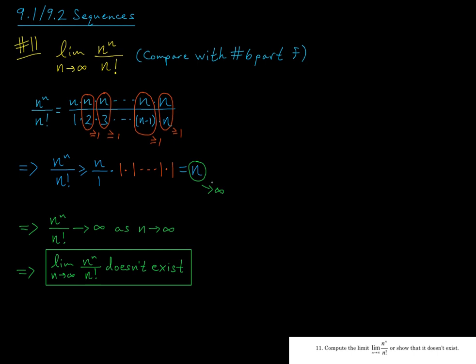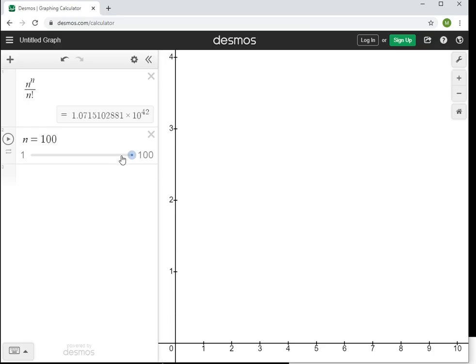And so if we're greater than something blowing up, then we must also blow up, right? So the conclusion here is that n to the nth power divided by n factorial approaches infinity as we let n approach infinity. Our conclusion is that the limit does not exist, and that does agree with what we were seeing by just playing around and plugging in some numbers.